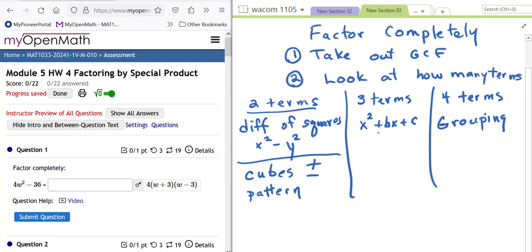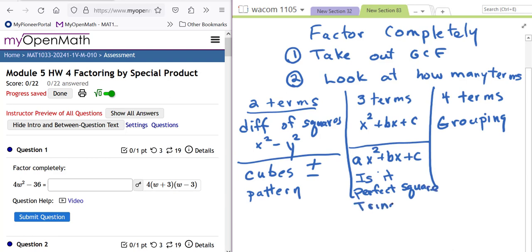Then we went to the ones that are harder. So if we've already done GCF and we're here, the next kind I would think about would be the kind we looked at today. So if you have a number in the front, is it a perfect square trinomial? Because that has a nice pattern.